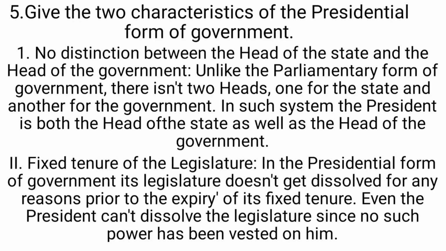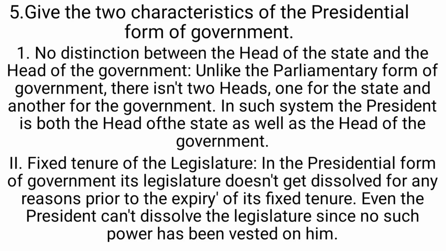The question number 5. Give the 2 characteristics of the presidential form of government. Number 1. No distinction between the head of the state and the head of the government. Unlike the parliamentary form of government, where there are 2 heads, one for the state and another for the government, in such a system the president is both the head of the state as well as the head of the government.